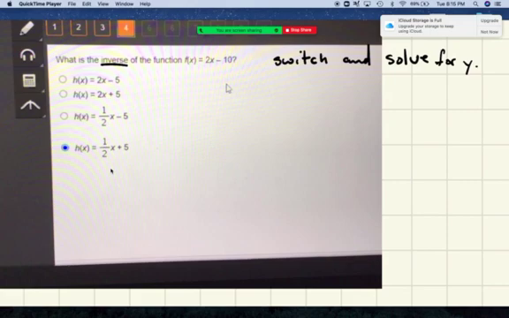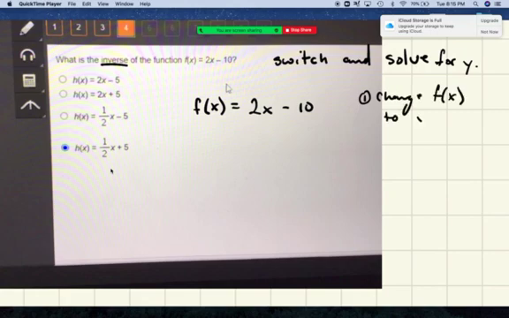So the first step is we have f of x equals 2x minus 10. The first step is to change f of x to y. So I'm going to change this to y equals 2x minus 10.